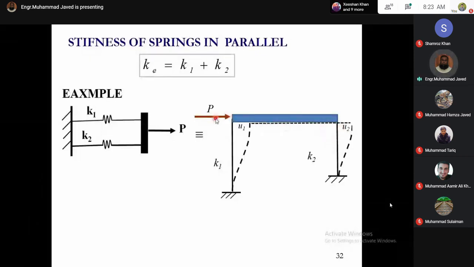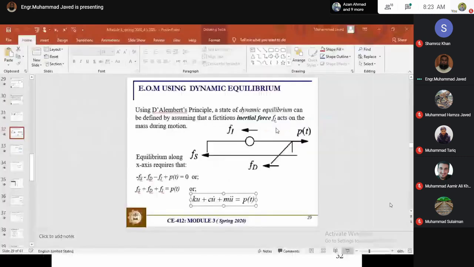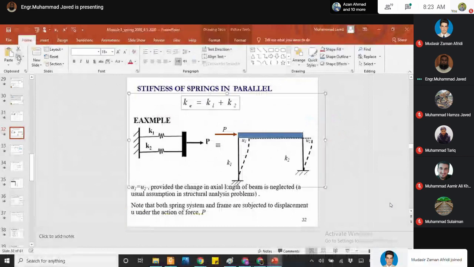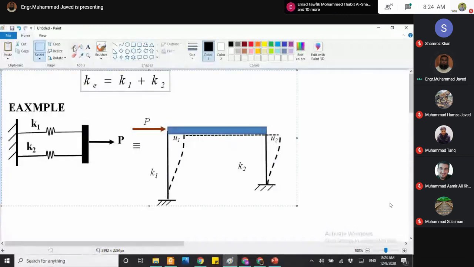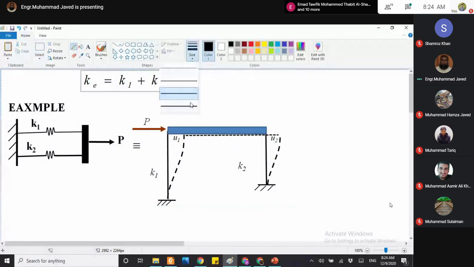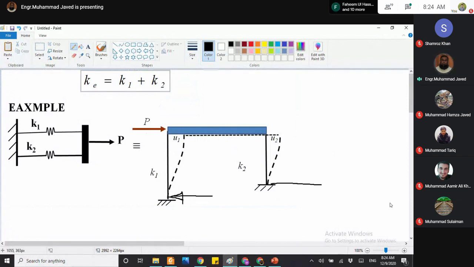When you apply an external force P, part of this force P is resisted by this column, and part of the force is resisted by the second column.